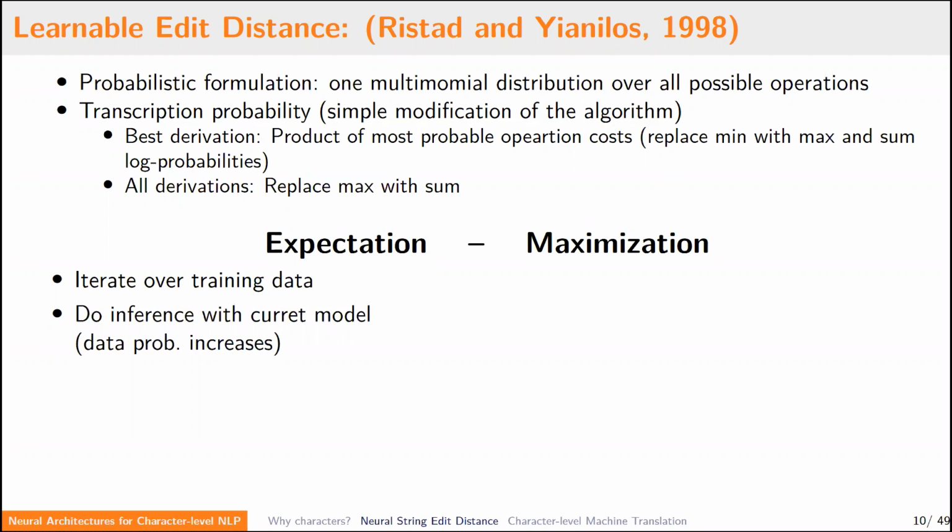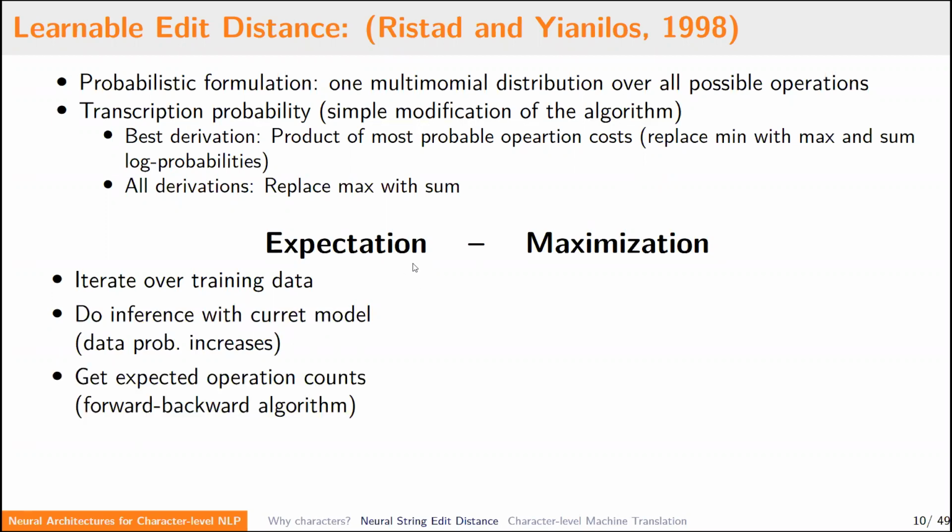So given the existing multinomial distribution over the probabilities, we do the inference and find out what is the most probable sequence of operations that transcribes one word into another word. So the data probability increases because these are better derivations than we had before.